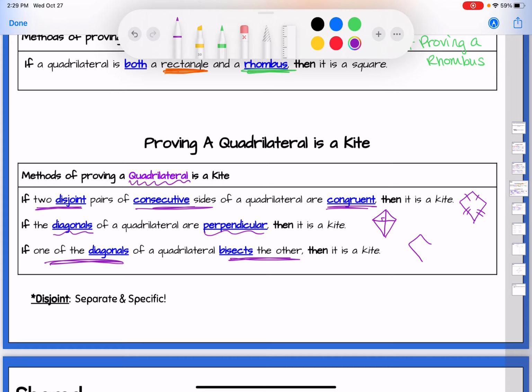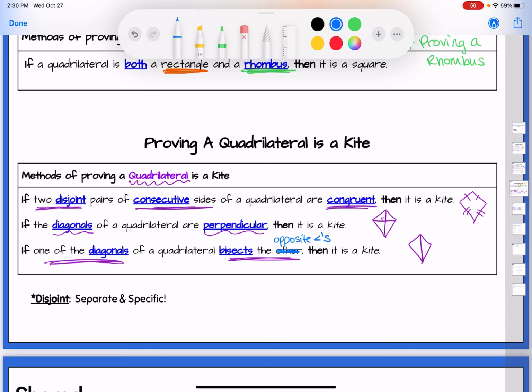Now this one is tricky, again, right? Actually, I think there's a typo in this one. I apologize. If one of the diagonals of a quadrilateral bisects the opposite angles, then it is a kite.